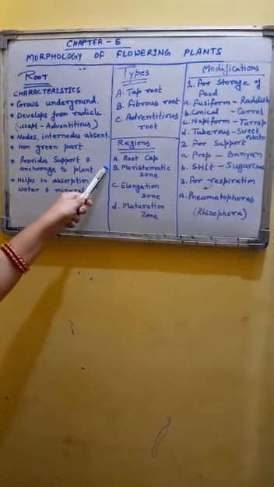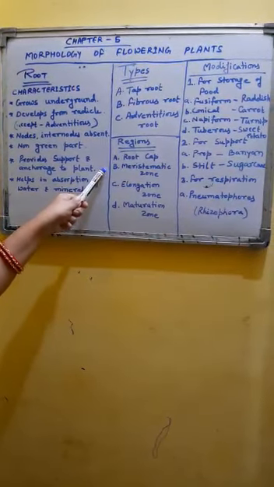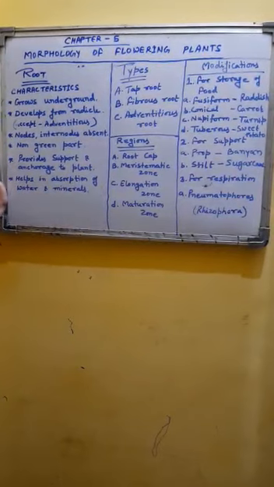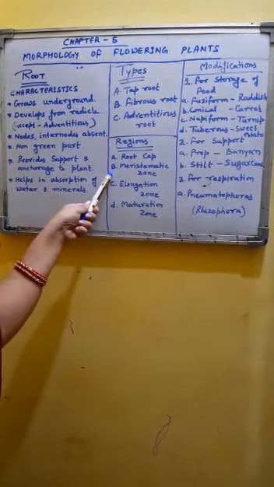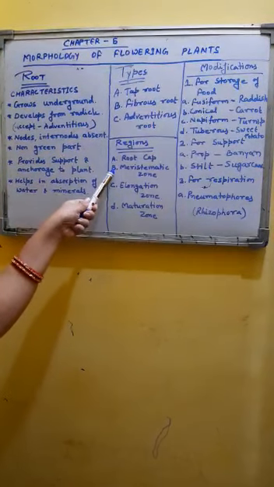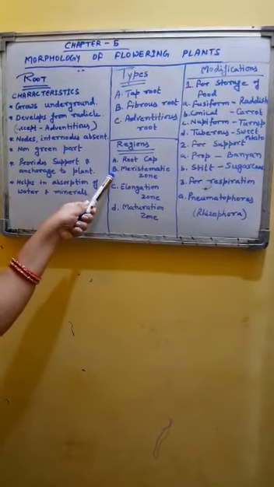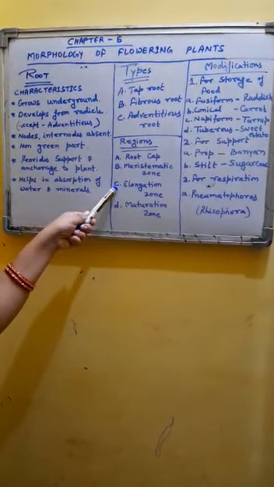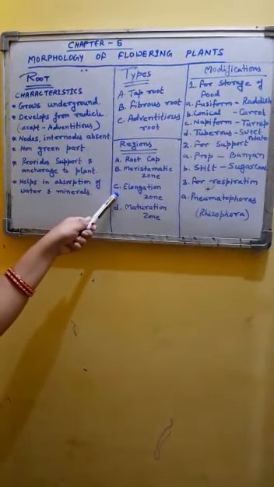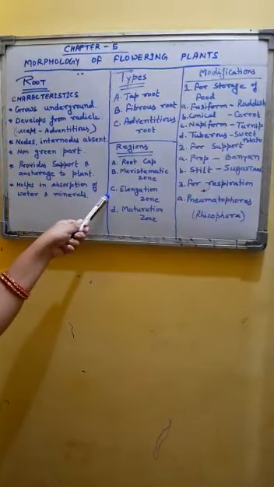After the root cap, there is a region of meristematic zone which contains small and thin cells. These cells repeatedly divide and this zone is called meristematic zone. After that, elongation zone is present where cells grow, they elongate.